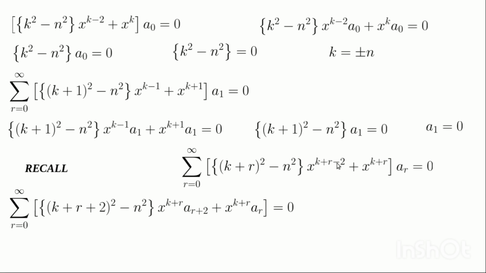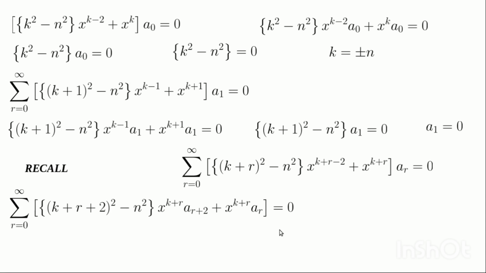If here were to be minus 1, we just replace r with what? R plus 1. So that this part will be exactly equal to this. So if we factorize this and this out, you notice that this term x^(k+r) is almost the nth term or the rth term.